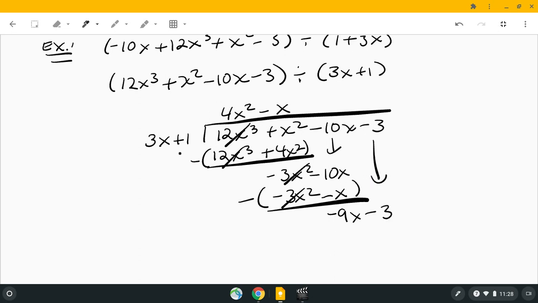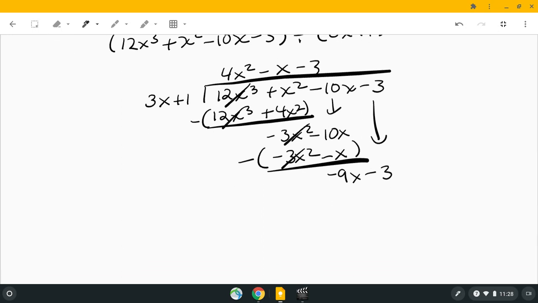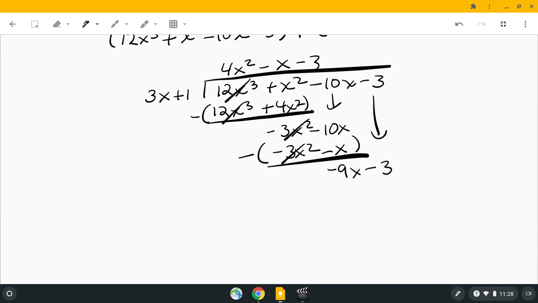Okay, and then 3x times what will give me negative 9x? That would be negative 3. Now distribute. Negative 3 times 3x is negative 9x. Negative 3 times 1 is negative 3. And when I subtract this, we get 0 for a remainder.